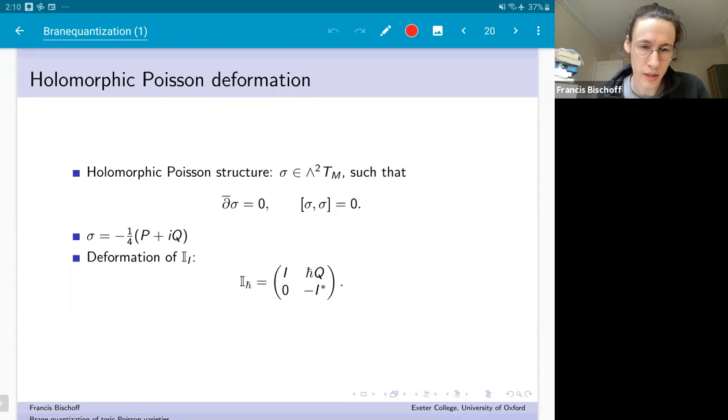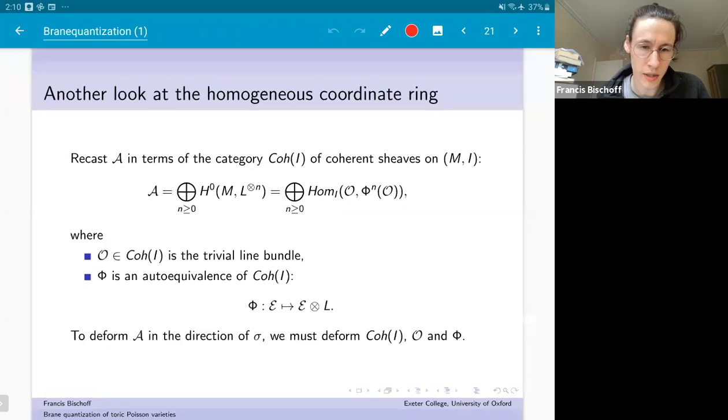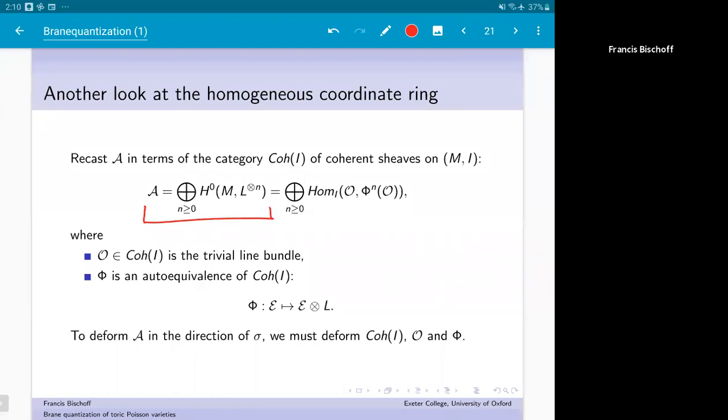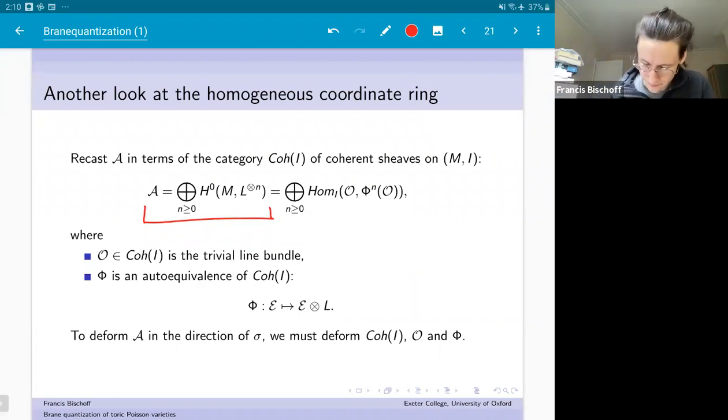Okay, so now in order to see how we can deform the homogeneous coordinate ring, I now want to recast it in terms of the category of coherent sheaves on the complex manifold. This first equality is just the definition that I put up earlier, but now I want to view it as something happening in the category of coherent sheaves.